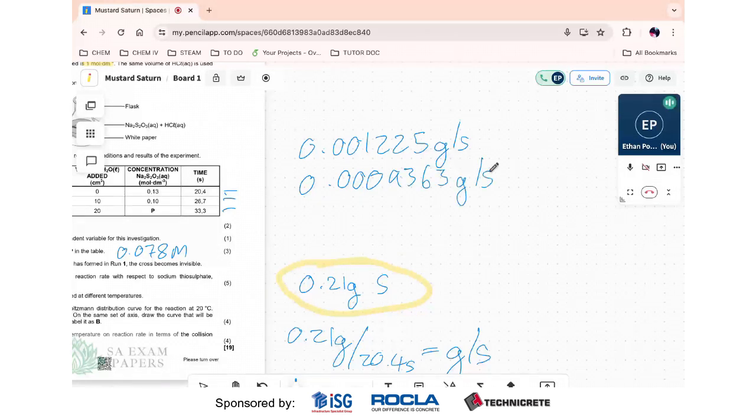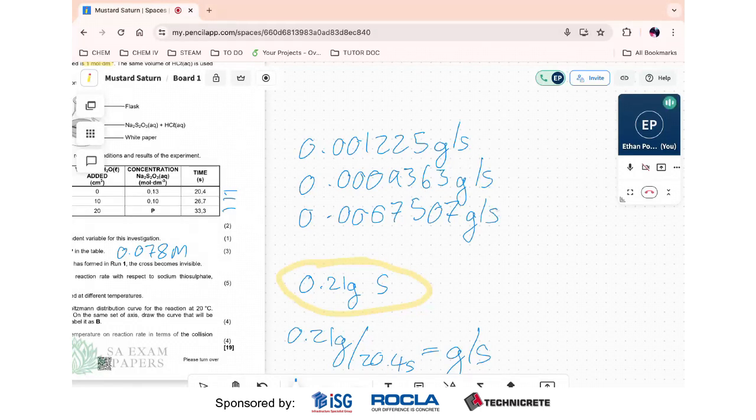And then finally, for the last one, we have 33.3, which gives us 7507.